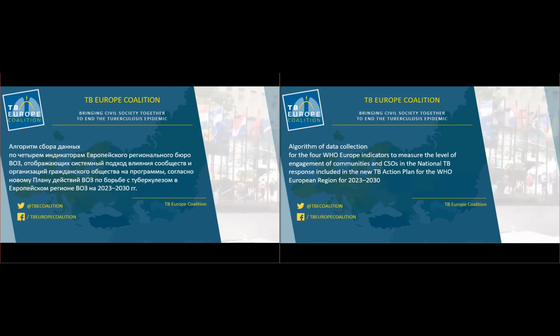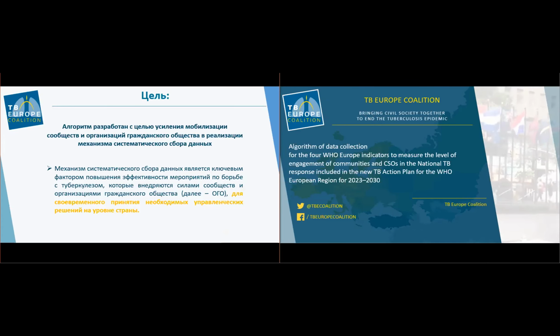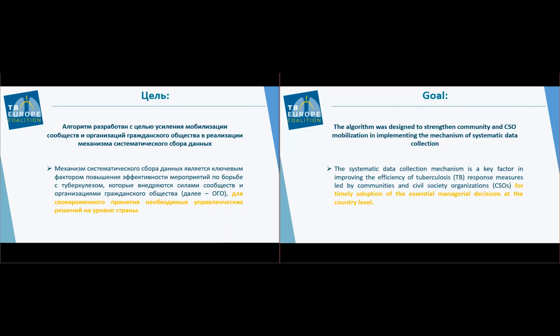I would like to switch the slides so that we will be able to see the discussion. As you understand, the key goal of this algorithm is strengthening of community mobilization, civil society mobilization for the implementation of the mechanism for systemic data collection.